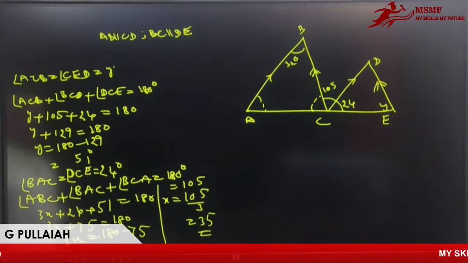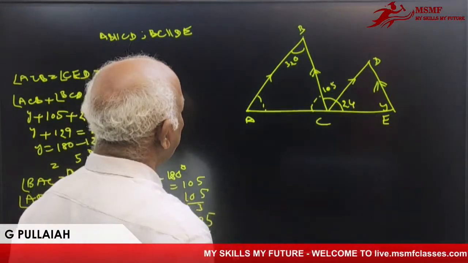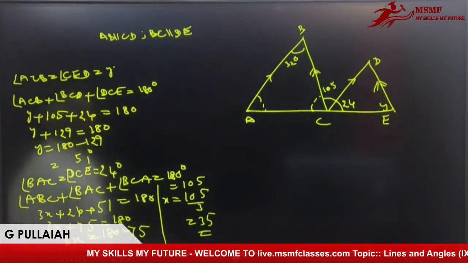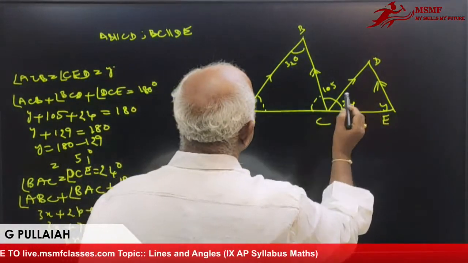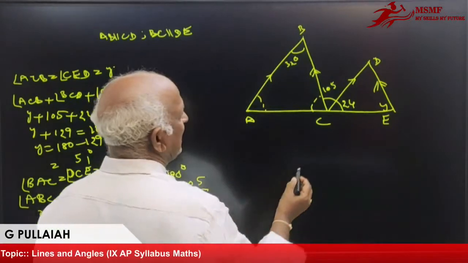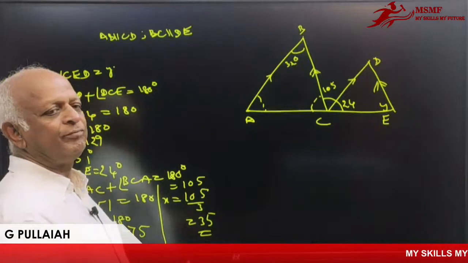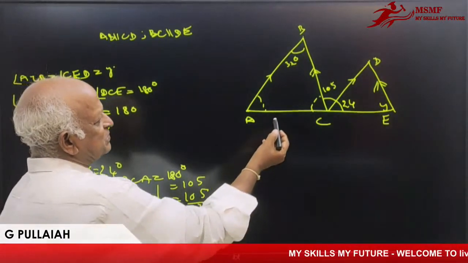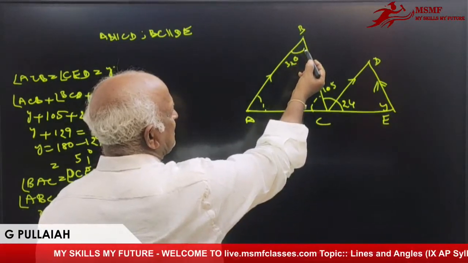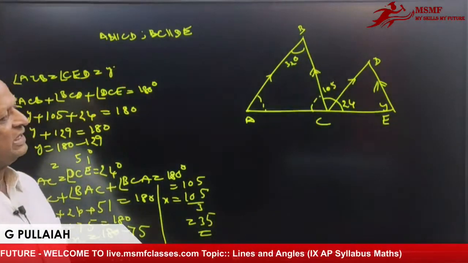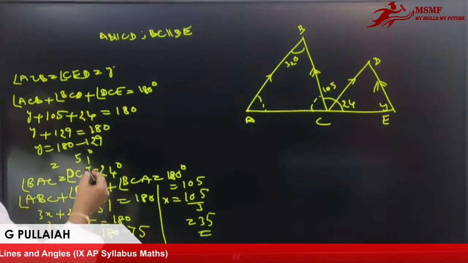So think very carefully here. The first question is find the value of y. If you observe very carefully, y is the corresponding angle of BCA. BCA plus BCD plus angle DCE, all three angles put together, is a straight angle, nothing but 180 degrees.